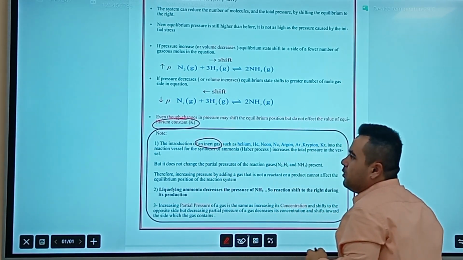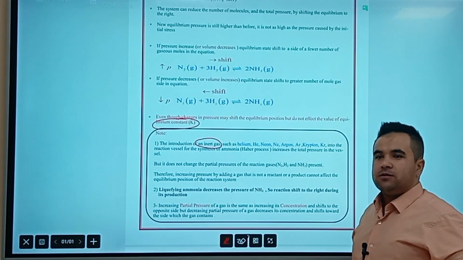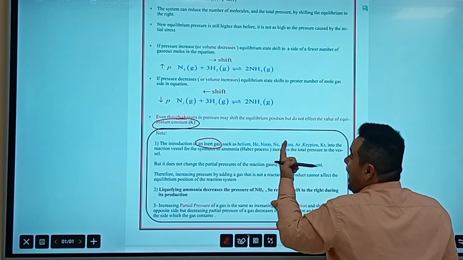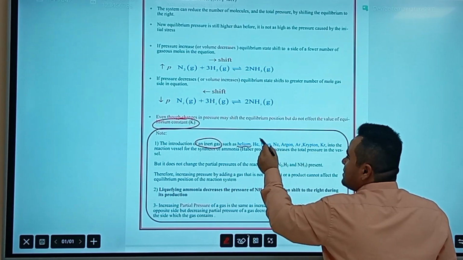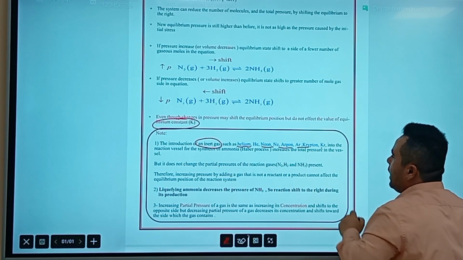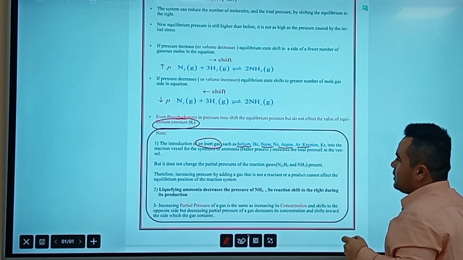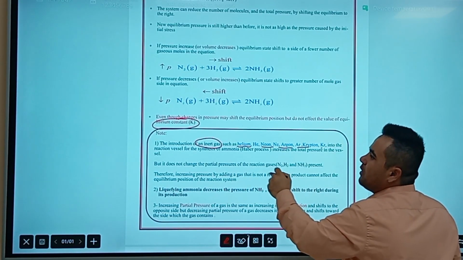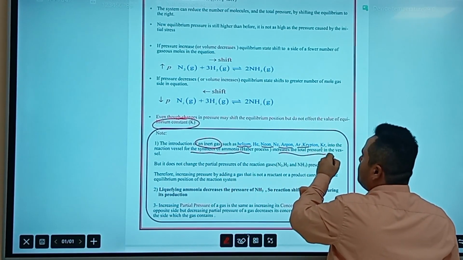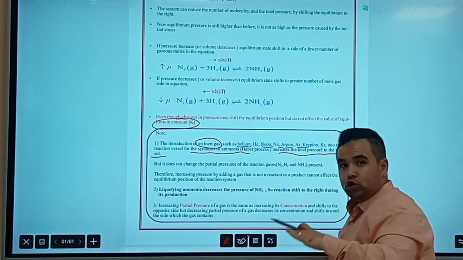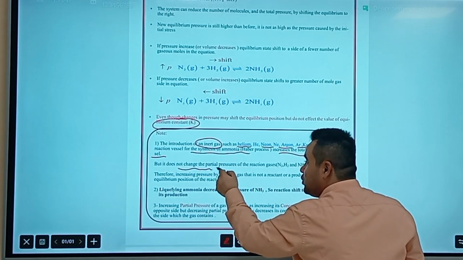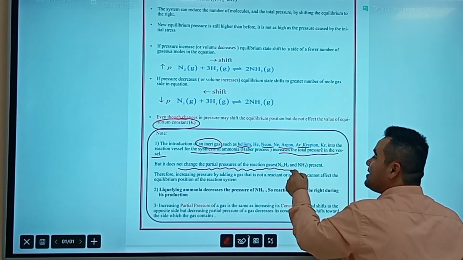The addition of inert gases to the system, meaning those gases which are not reactive, like the noble gases helium, neon, argon, krypton, and xenon, into the reaction vessel for the ammonia system or any system, increases the total pressure in the vessel. But it does not change the partial pressure of the reaction gases.